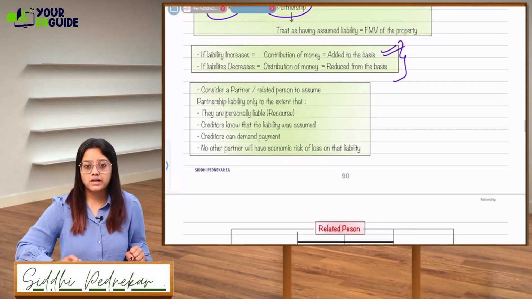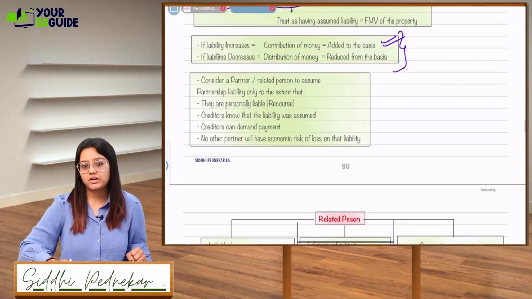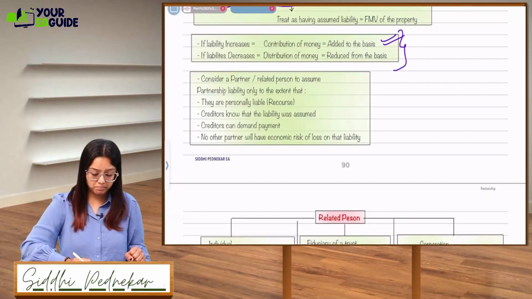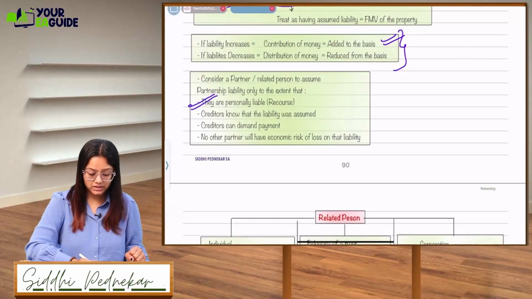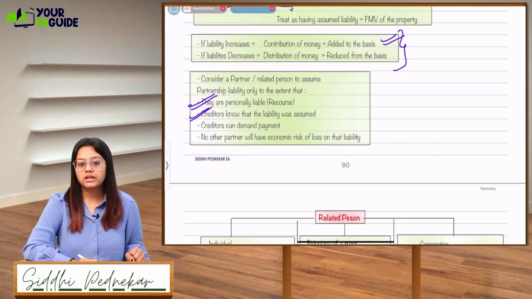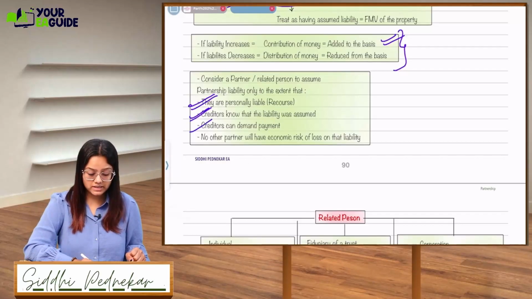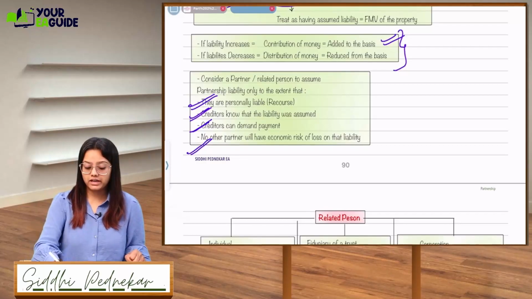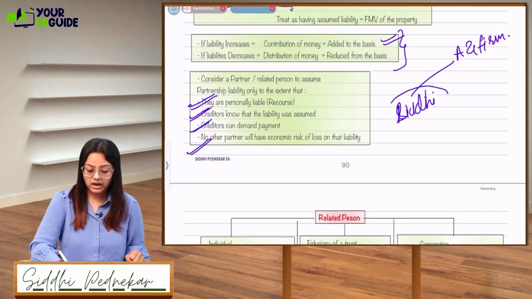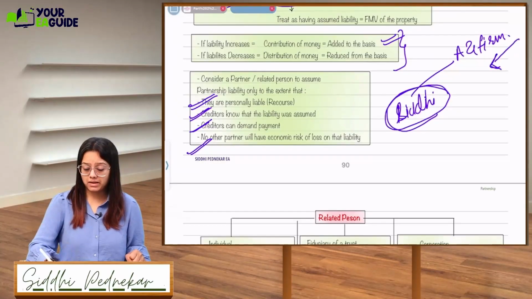Okay, a partner or a related person is considered to assume the partnership liability only to the extent they are personally liable, where the creditors know that the liability was assumed, the creditors can demand payment, and no other partner has the economic risk of loss. I'll take one example. Let's say I am a partner in the A and firm partnership, and I have taken on the risk of a liability which was borrowed by the firm for $10,000.